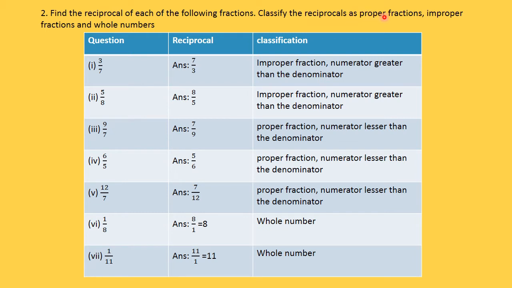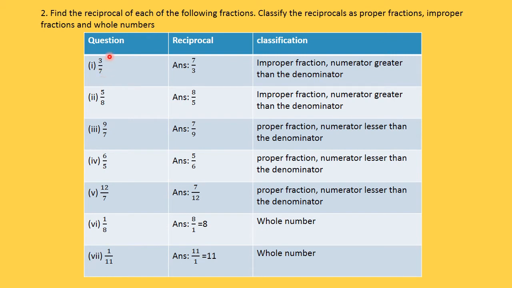Proper fractions means numerator is less than denominator. Improper fraction means numerator is greater than the denominator. Whole numbers means denominator is 1. Whole number means denominator is 1, a complete positive integer.